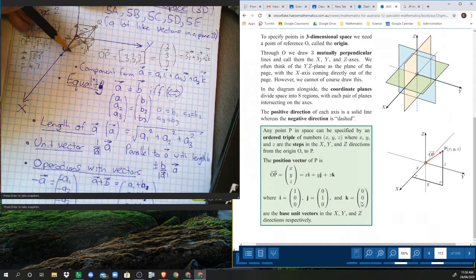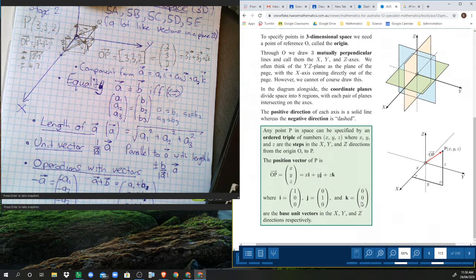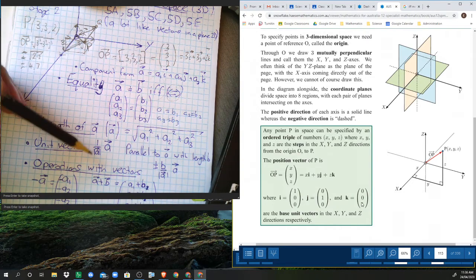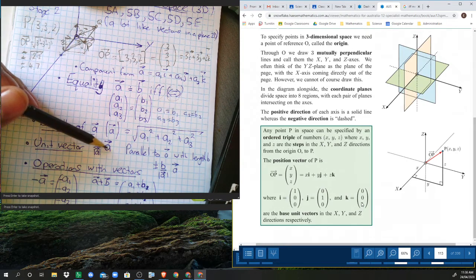I'm not going to do that because it's not required at this stage. So right now, this is just another cool new toolkit. We're just extending what we did in 2 dimensions to 3 dimensions. Other things are exactly the same, unit vectors. If you find the length of your vector and you say, okay, I just want to go 1 unit in that direction, just take the vector and times it by 1 over the length of that vector.